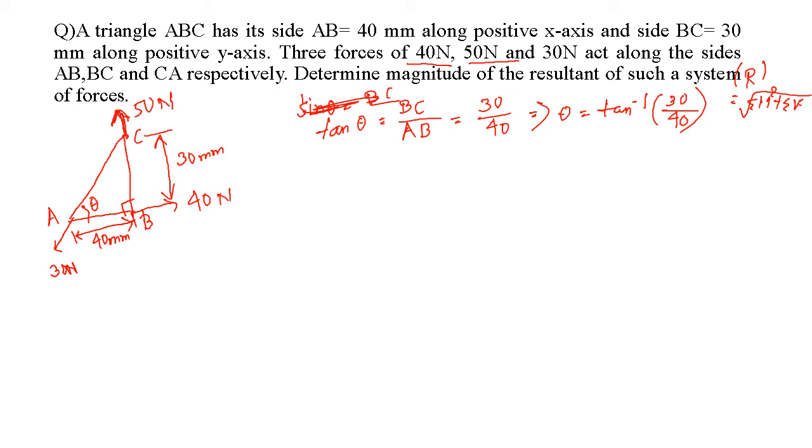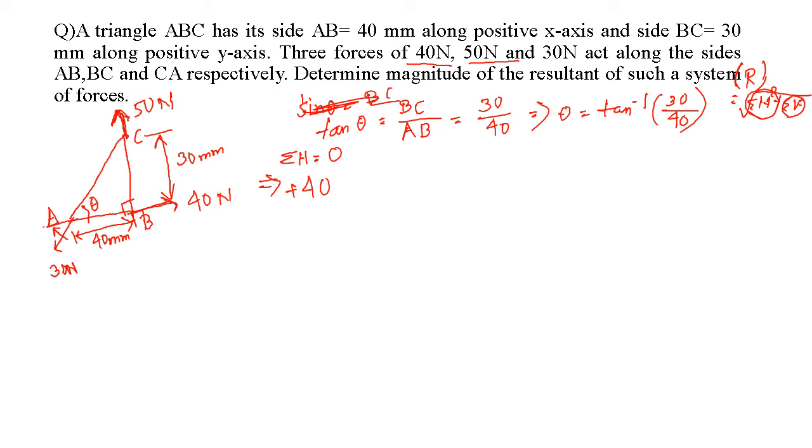Before getting the resultant, we first need the value of summation H and summation V. Summation H means we resolve the forces horizontally. 40 plus 40, because it is already in the x axis, so we can't resolve it. So 40 Newton, and we can resolve this direction.